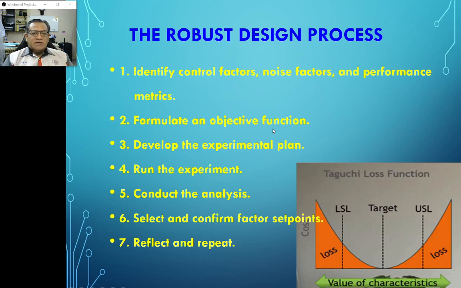What is the function to achieve, and we need to come out with the design, many design plans to experiment, and then we execute the experiment, and then we conduct the analysis and firm up the final set point, the best to maximize the performance and minimize the variation, or in other words, maximize the signal and minimize the noise. Then do some reflection on what you have achieved and what you have not, and repeat the process for the next cycle of testing and experiment.